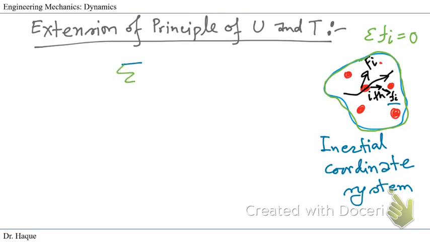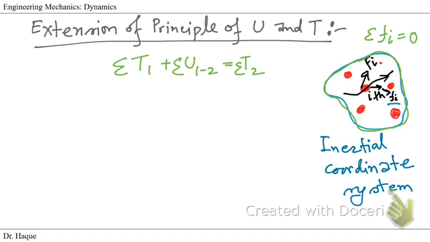So we'll see. We'll start with our equation that we know. The initial kinetic energy plus the applied work equals the final kinetic energy. Since there are a lot of particles, we'll just do summation of those kinetic energies, and we can apply that for a system of particles.